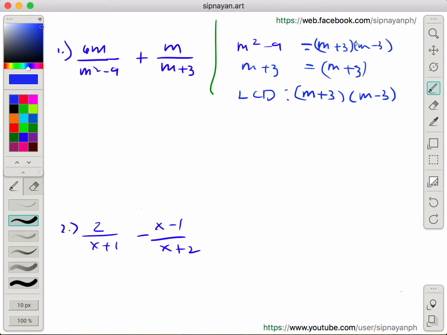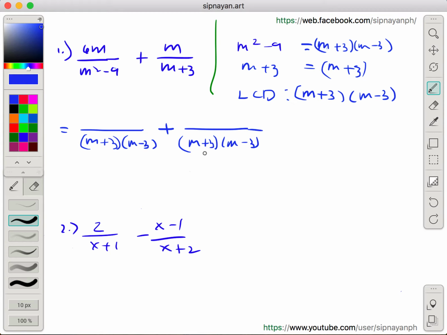Pag may unique ka na expression dyan, then you have to put it sa LCD. So, ito yung ating LCD which is equal to m plus 3 times m minus 3. We have a plus, and then m plus 3 times m minus 3.